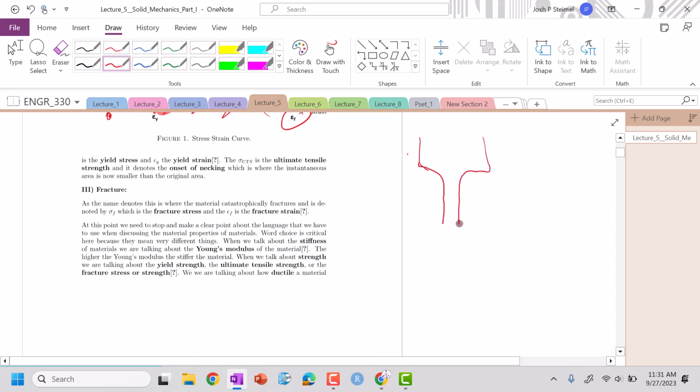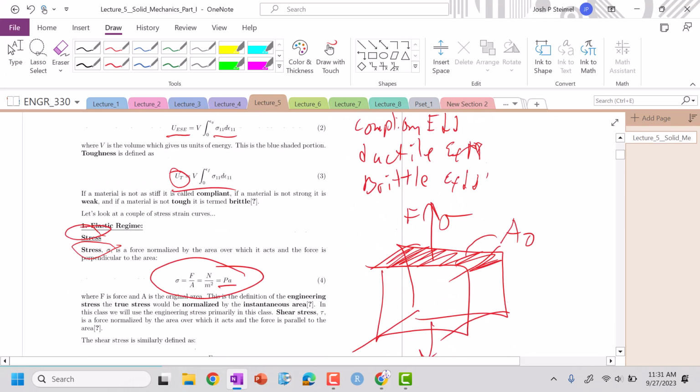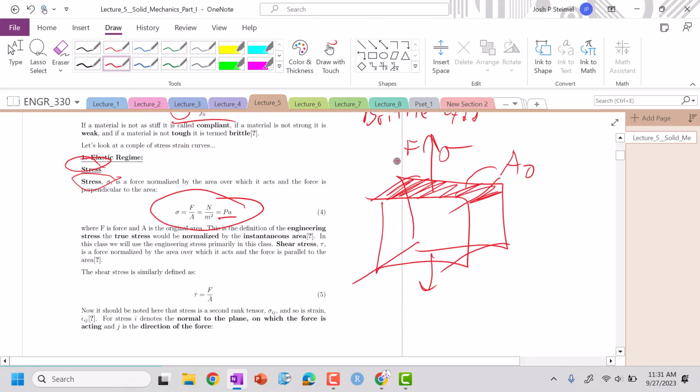So you're pulling something and then it starts to thin out along this region here. But anyways, aside from that, this is our force acting on a cross-sectional area. It is units of Pascal. So this is our engineering stress. Our true stress would be the instantaneous area, but that's a topic for another course.